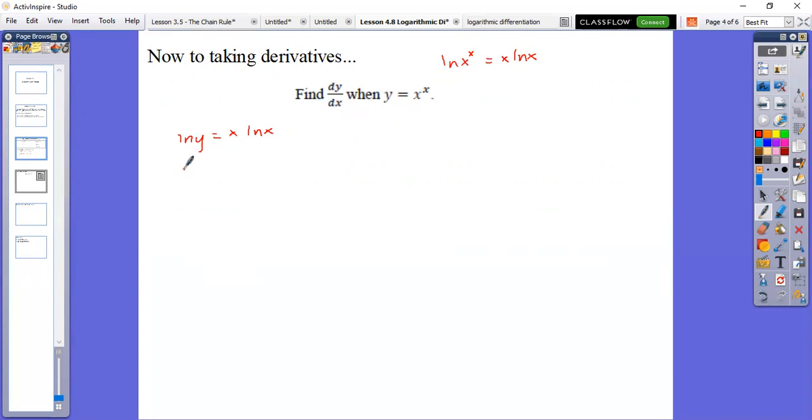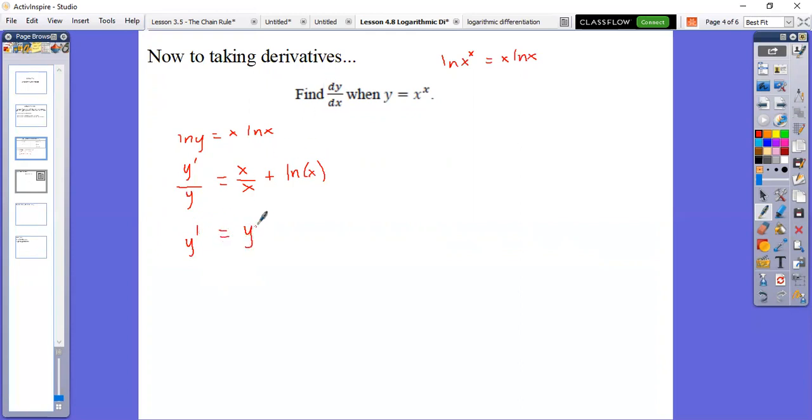So now if I take the derivative, this would be y prime over y, because this is 1 over y times y prime because of the chain rule, equals, if I want to take the derivative using the product rule, so this is going to be x over x because it's x times 1 over x, plus 1 times ln of x. So now I can solve for y prime, and y prime, remember, is dy over dx.